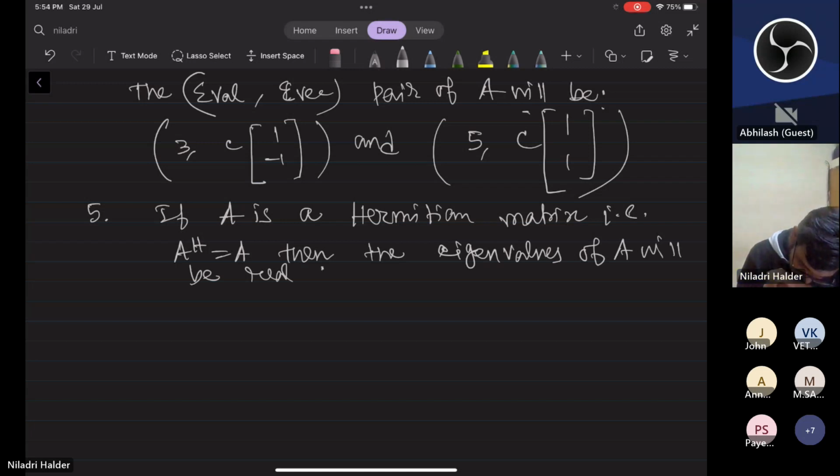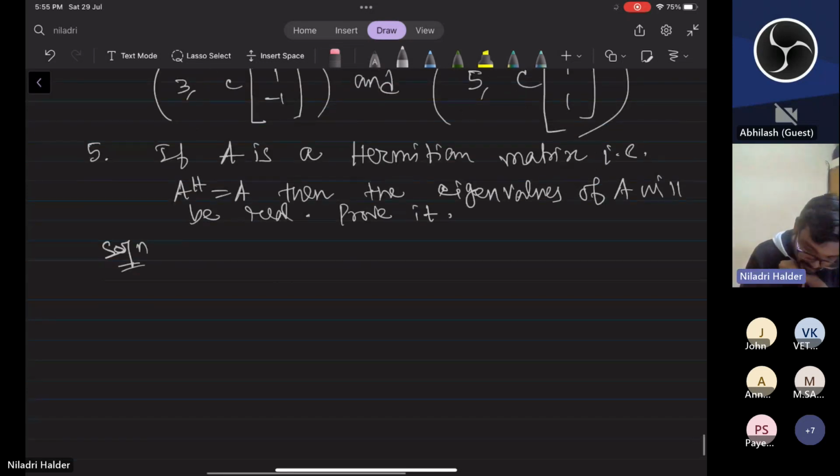This is a correct statement, and I need to prove it. There will not be any proof in the assignment question, but still, I need to show why the eigenvalues should be real.